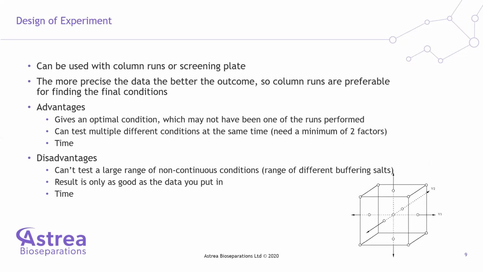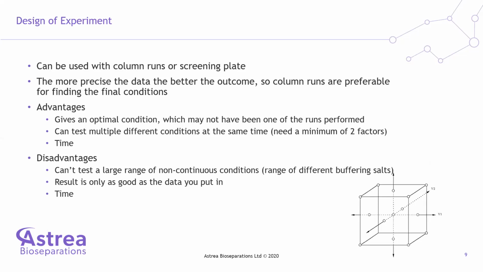We go and perform these columns and then come back and input the data that we get from it, telling the software what we want to find out, such as we may want high purity, or we may want to maximize recovery of a given protein, or reduce recovery of certain problem proteins. And at this point, the software will then map the entire experimental space that we've investigated.